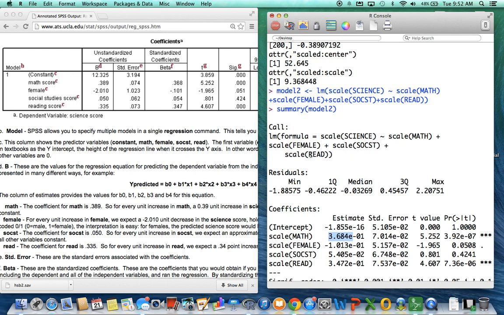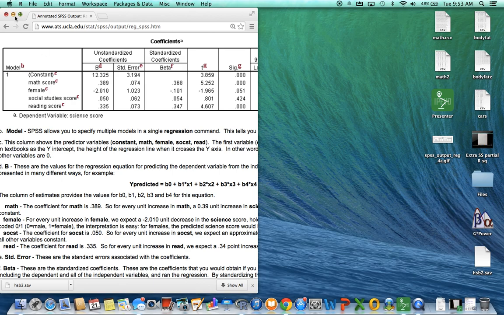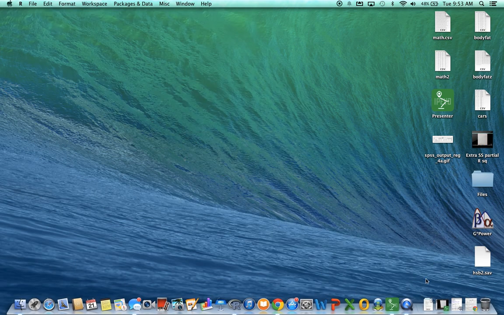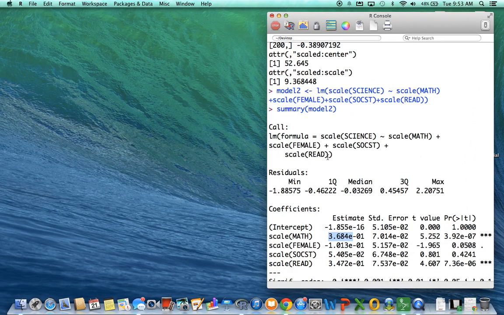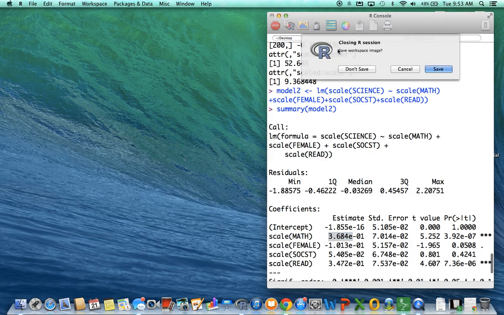But guys, the technique that I'm showing you is not the technique that SPSS creates. The technique that I'm trying to teach you here, and the one that I want you to use, is called the correlation transformation. So what we're going to have to do to make that happen is a little bit more work. So guys, let's close down R again.